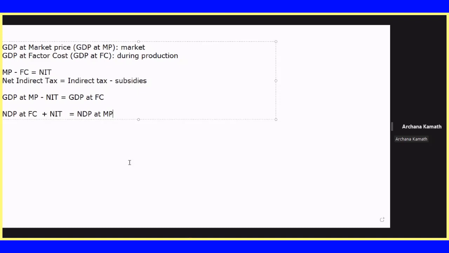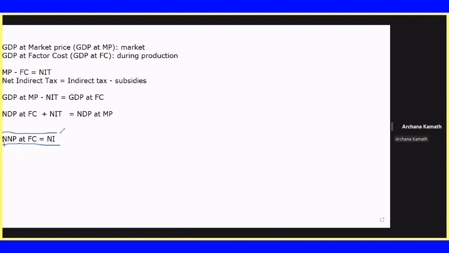And one more thing which is very important: when you're expressing NNP in terms of factor cost, this is always equal to national income. This is a theoretically proven thing. So if the question is asking you to find national income, it only means you are supposed to calculate NNP at factor cost.